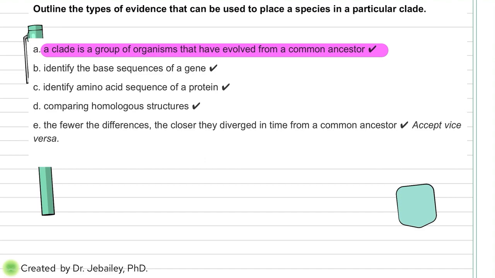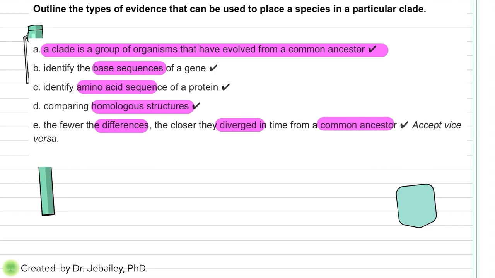Remember, you're looking at both differences and similarities of the traits. Then as evidence, we use DNA, which is base sequence, or amino acids. These are two ways that we can do it. We also can look at the homologous structures. That means in their bone structures, see how similar it is. And if they have only a few differences, that means they most likely just diverged from a common ancestor.